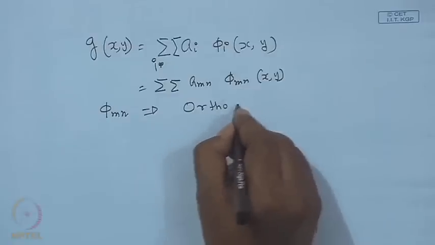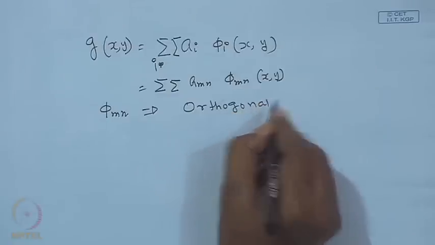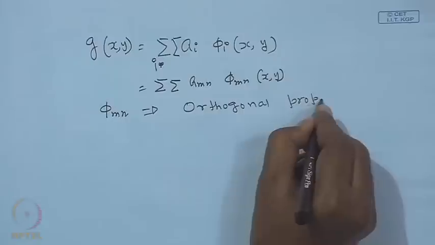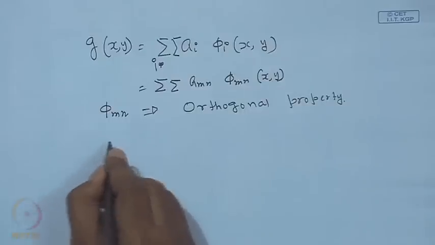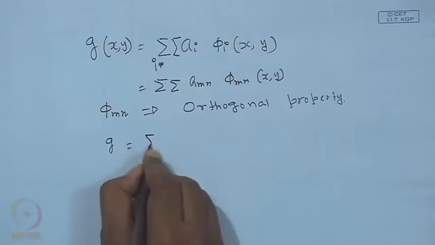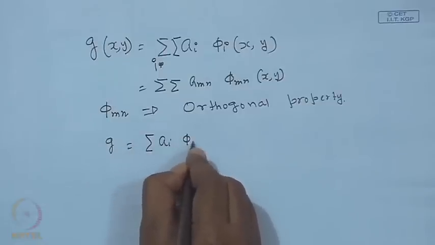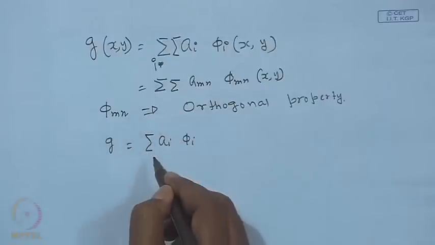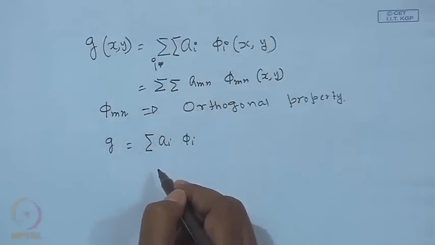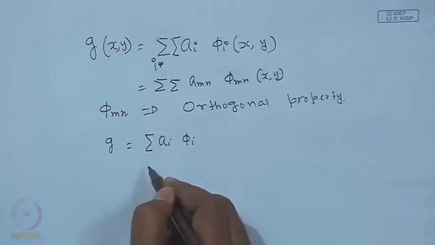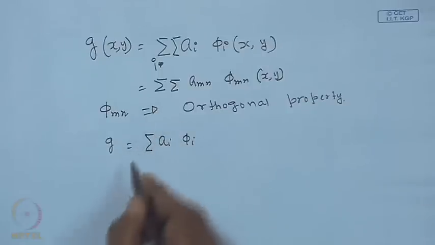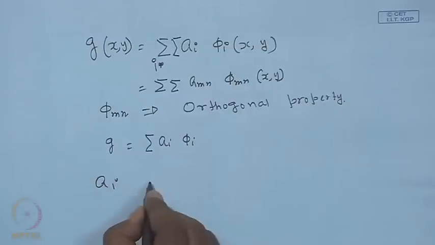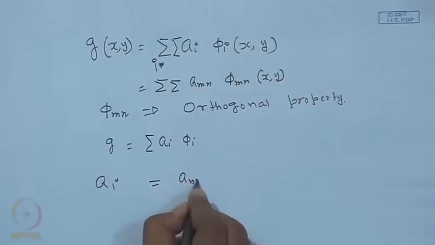So, phi m n will obey the orthogonal property of eigenfunctions. So, we just write g is equal to summation a I phi I. Just for the sake of mathematical ease and handling and writing, we are replacing the two summations by one summation.